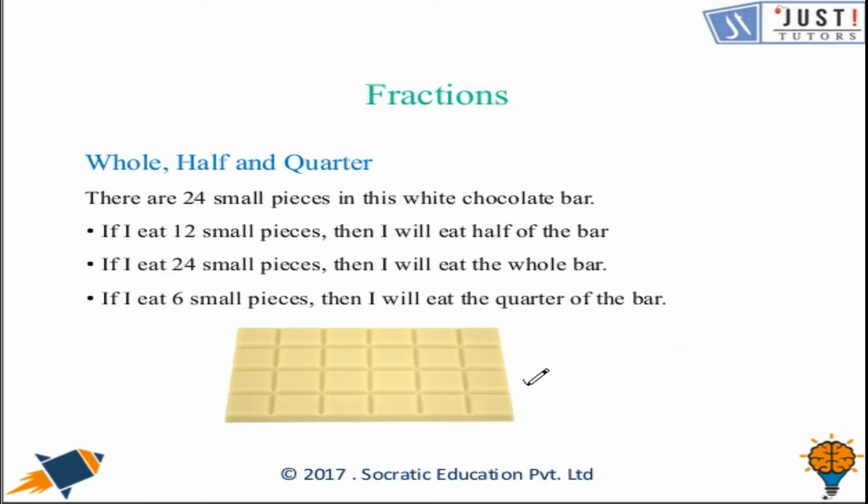Now, one more example. Let's have a look at this white chocolate bar. If you look here, you'll find that there are 24 smaller pieces in this white chocolate bar. Count them if you want to.